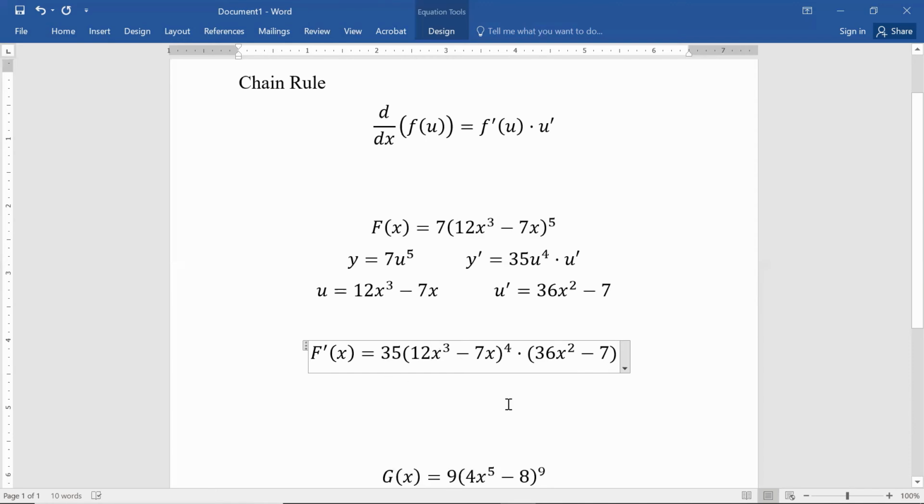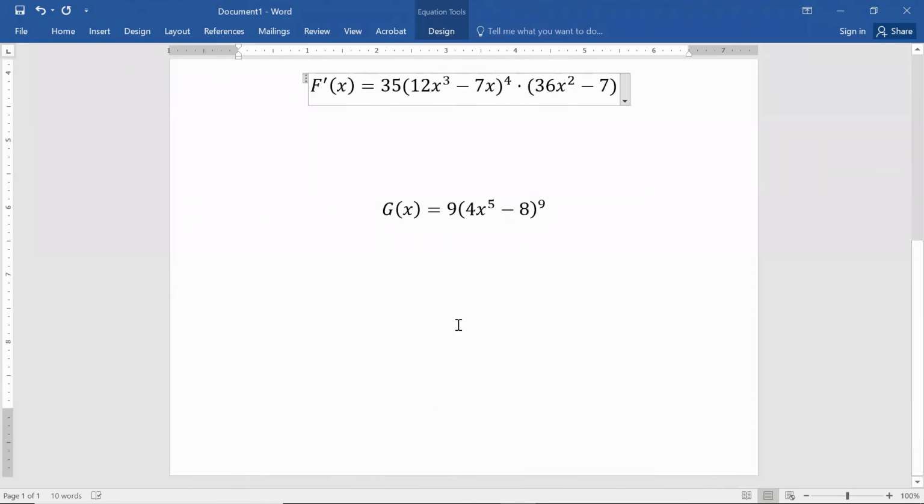Hopefully that makes sense. Let's take a look at g of x. Now, if g of x is thought of as a function, it's thought of as 9 times u to the 9th, where our u is equal to 4x to the 5th minus 8.